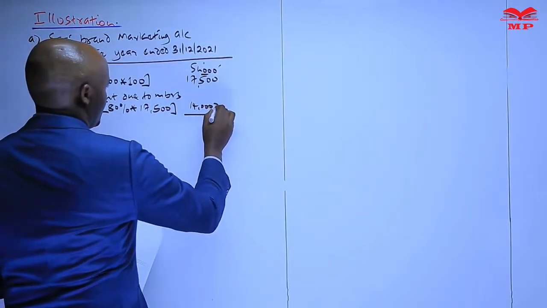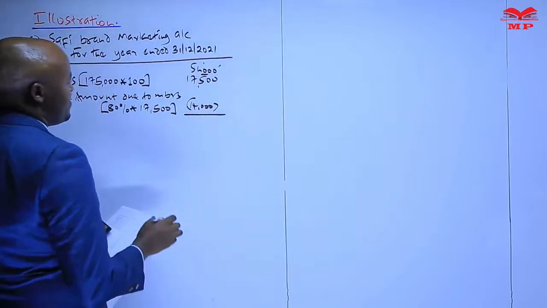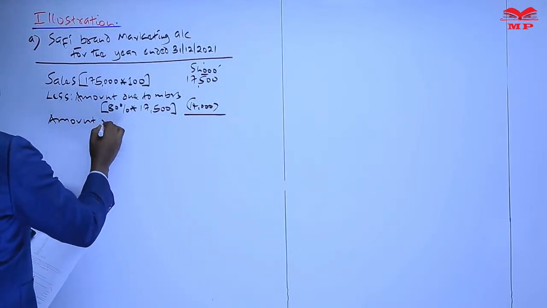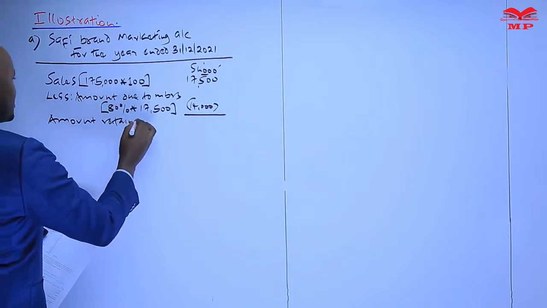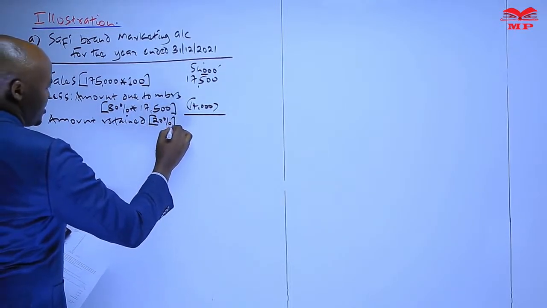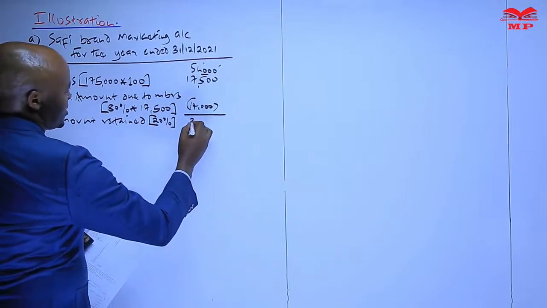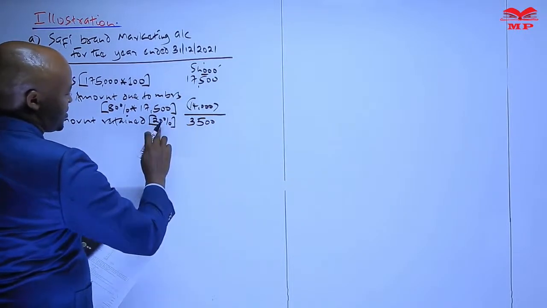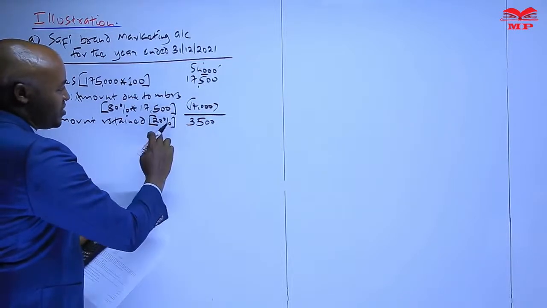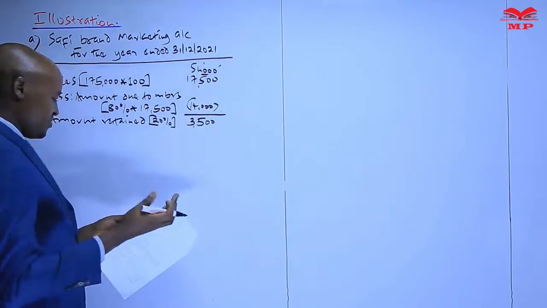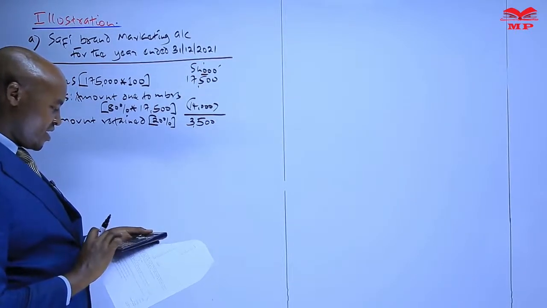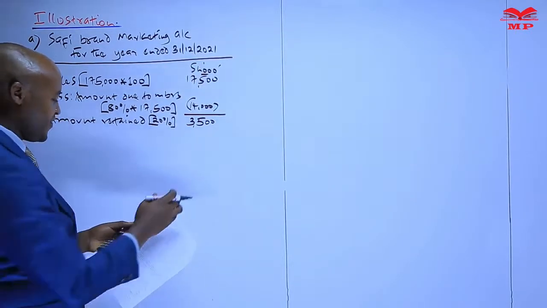So this is the amount to be paid to the members, meaning that the amount retained by the cooperative society, which is 20%, is 3,500. Basically this amount should be equal to 20% of 17,500. Maybe you can just confirm: 20% of 17,500 should give us 3,500.